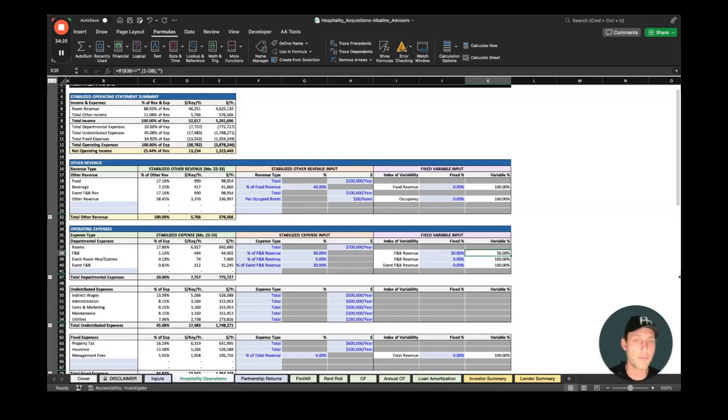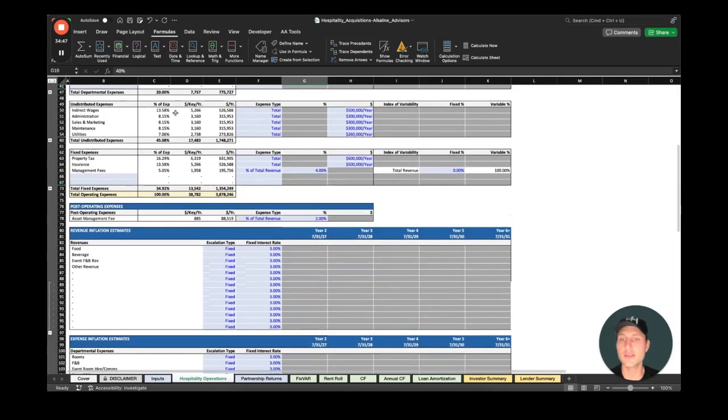They're going to be variable depending on this 30% of F&B revenue in a given period, in a monthly period. So that's how we'll calculate the fixed variable input section. And then given all these inputs and assumptions, they all flow through to calculate the actual cash flow on the CF tab. And we'll get to that in a second.